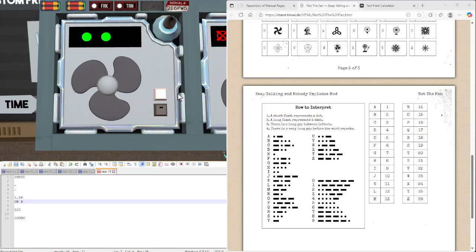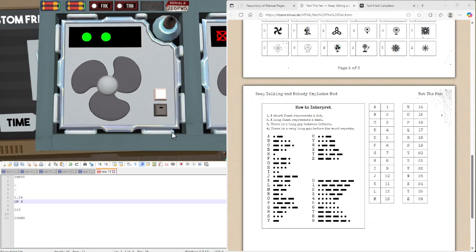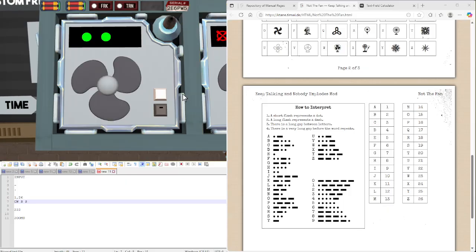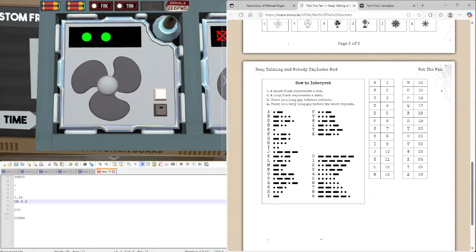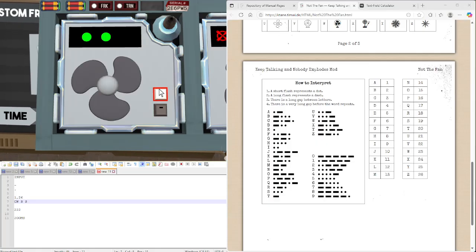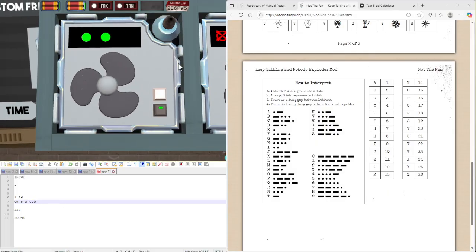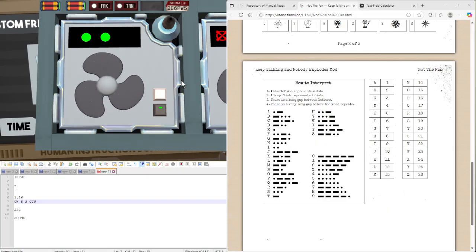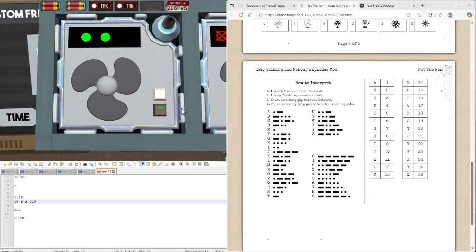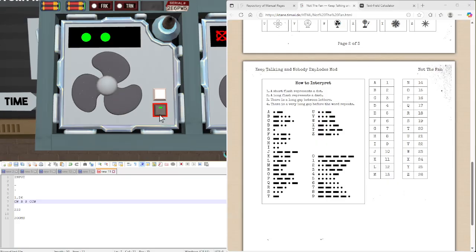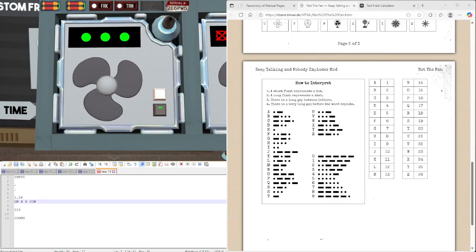O again, keeps it off. I actually don't know if you had to track these, so I'll track them anyway just in case. M, counterclockwise. And S, still counterclockwise.